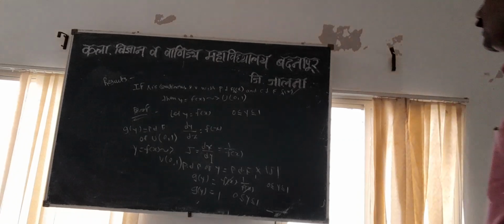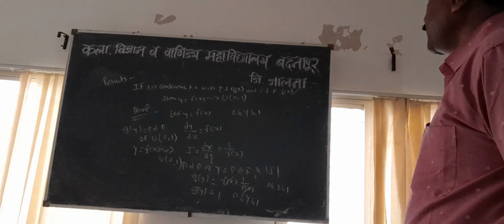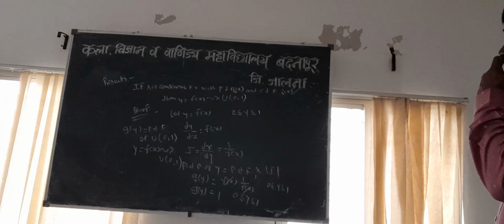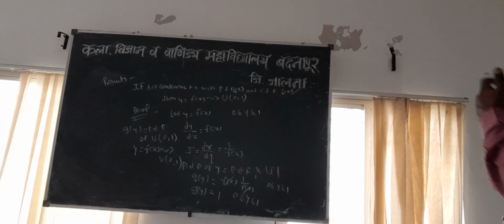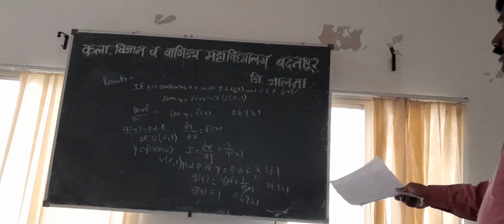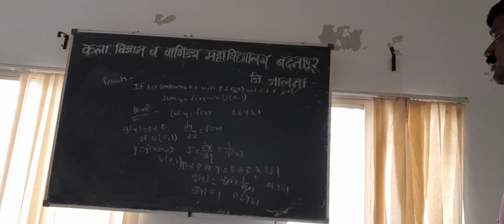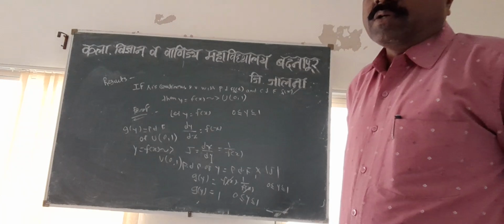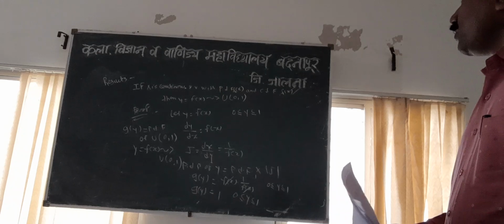We put the probability density function of y equal to the PDF of x into mod of J, which is f of x times 1 by f of x. The f of x terms cancel, the probability density function of y equals 1, and then we have proved the property of the continuous uniform distribution.